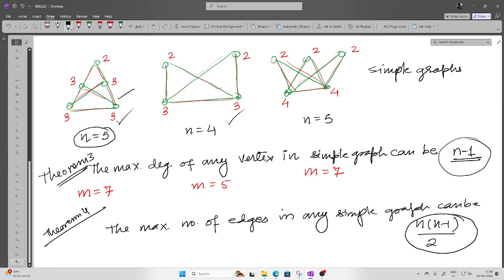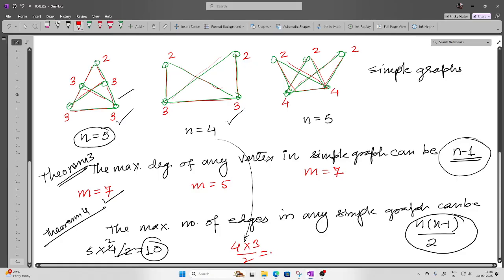So if you look at this particular graph, there are 5 vertices. So 5 into 4, 5 minus 1, that is 4, divided by 2. So this graph can have a maximum of 10 edges. And how many edges does it have? 7. So this is possible. Likewise, if you look at this graph, then this graph can have a maximum of 4 times 3 by 2, that is 6 edges.